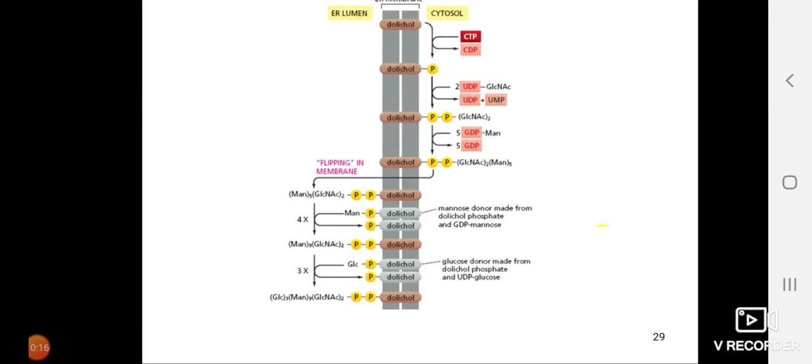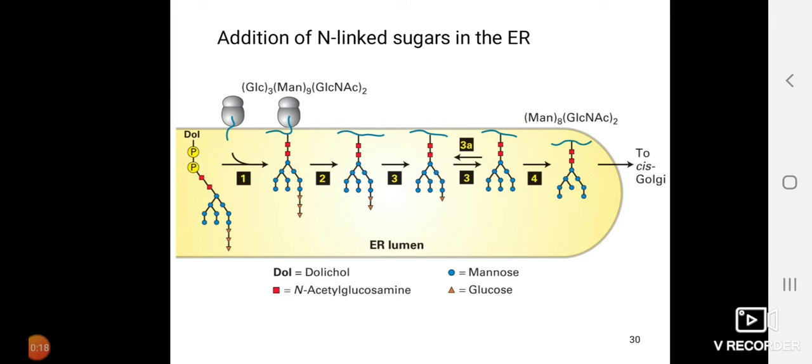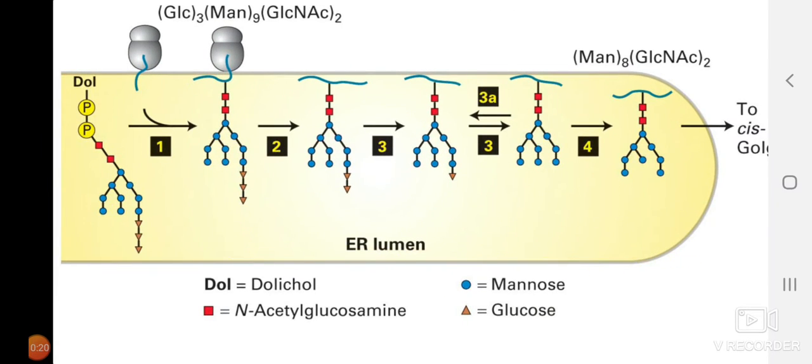Later, here you can make out this dolichol pyrophosphate carrying the sugar tree, in the first step, by the glycosyl transferase enzyme.